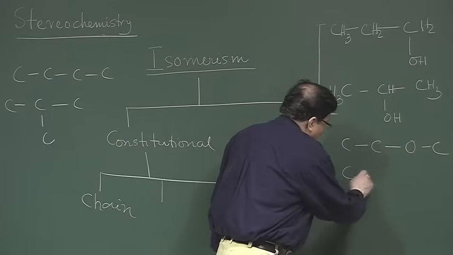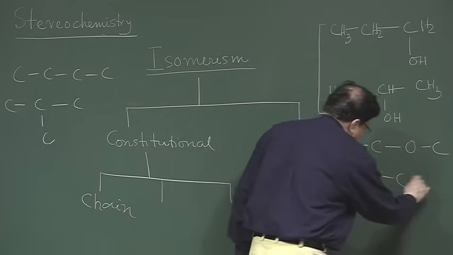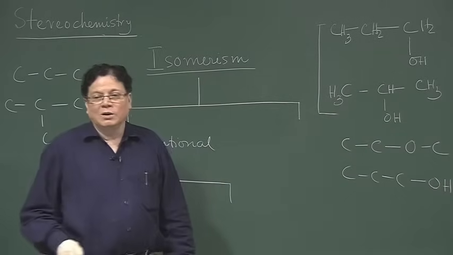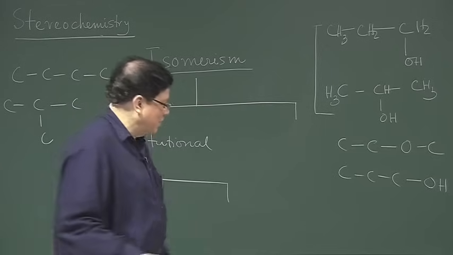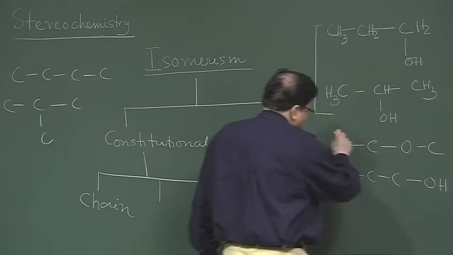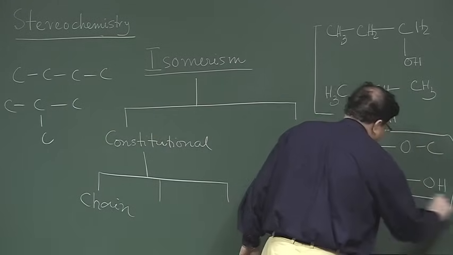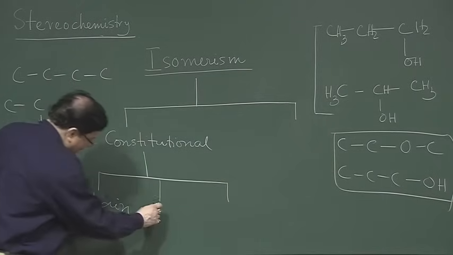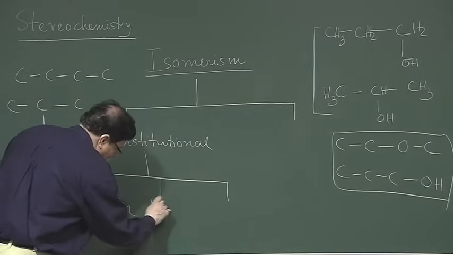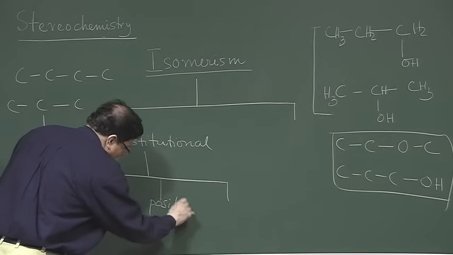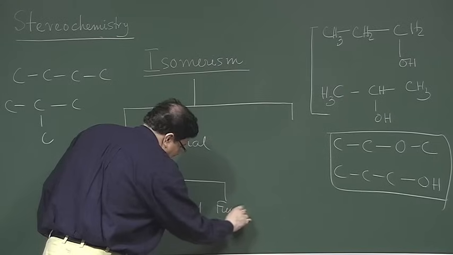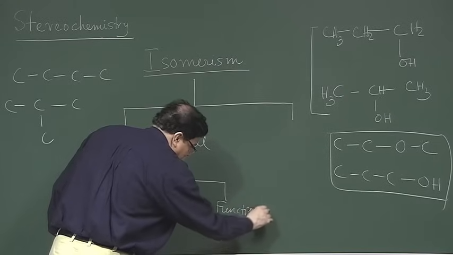You can draw another molecule with the same molecular formula, but that will be called propanol, 1-propanol. Okay. So, that is what is called functional group isomerism. So, you have 3 types: chain isomerism, then positional isomerism, and you have functional group isomerism. But this is 2-dimensional chemistry, again I repeat.